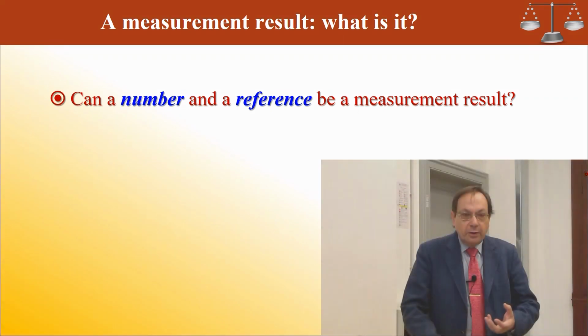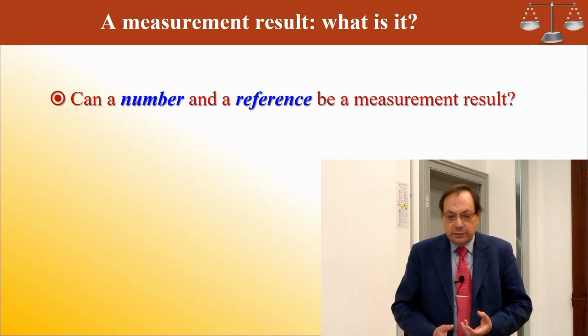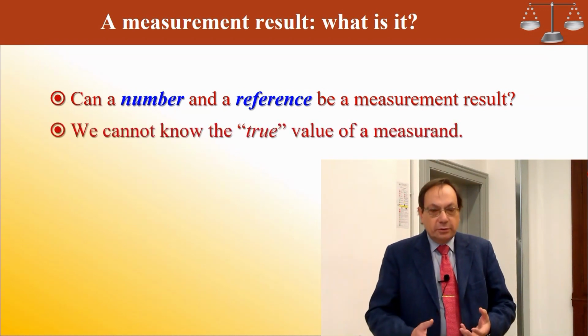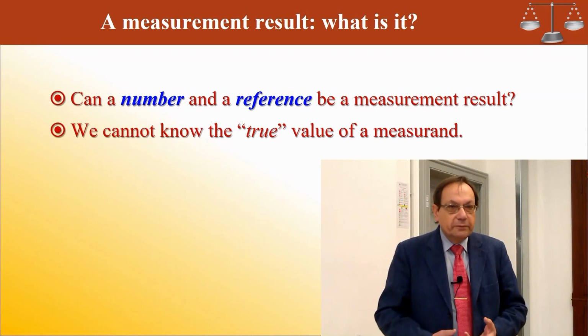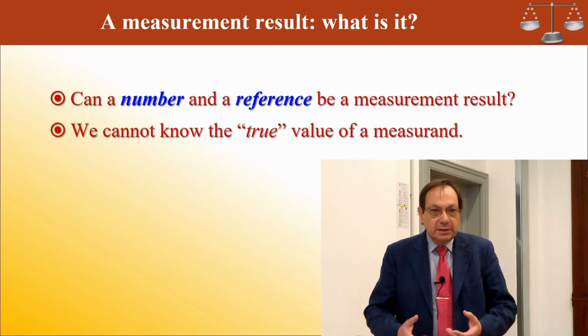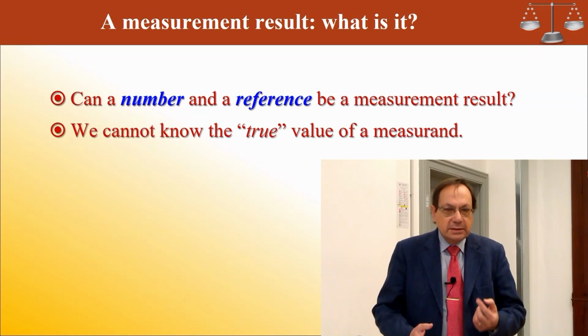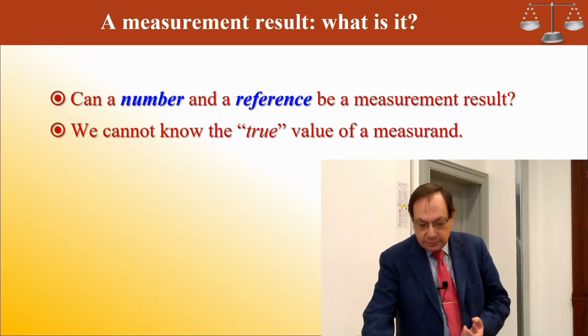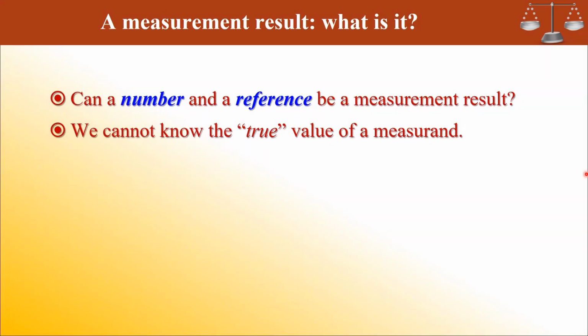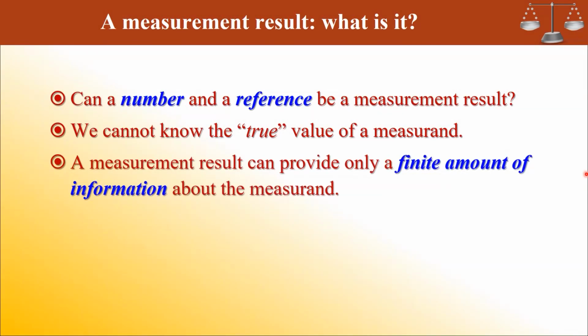Because for all the non-idealities that we have, we cannot know the true value of a measurement. Sometimes, think of quantum physics, we cannot even define the true value as a single value, but rather as a probability distribution. So, as a matter of fact, a measurement result can provide only a finite amount of information about the measurand.